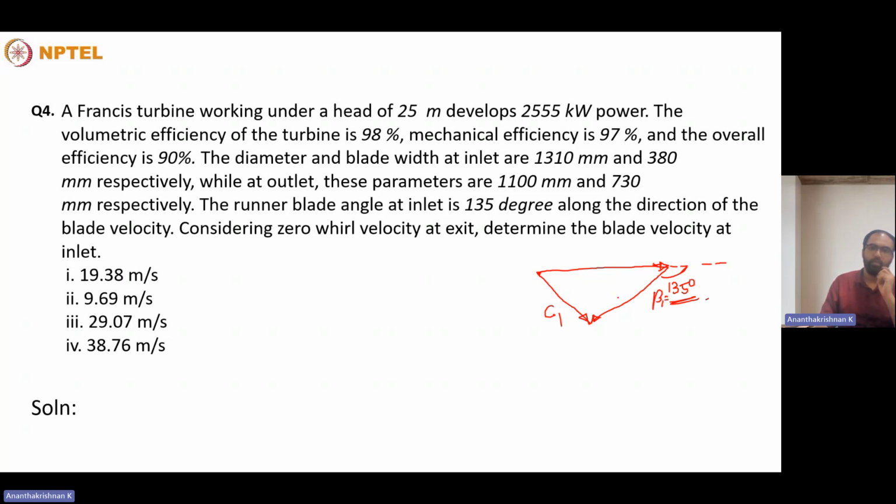So θ1 corresponding, this will be the relative velocity term for the blade velocity term. So we need to calculate this particular value. So we can denote it by W1. That will be a bit easier to understand coherently. So this one will be the peripheral, the blade velocity.